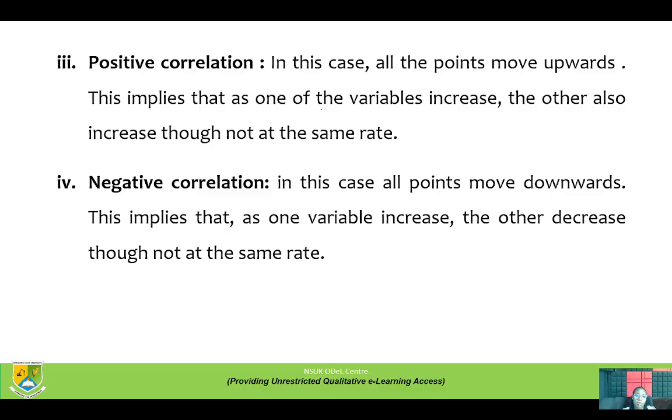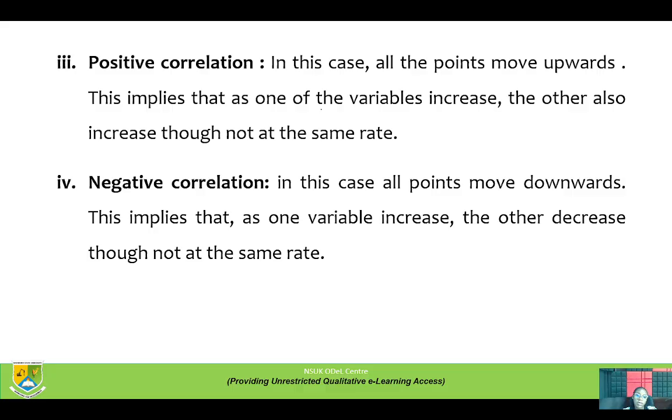Positive correlation. In this case, all points move upwards, just like the perfect positive correlation. This implies that as one variable increases, the other also increases, though not at the same rate.